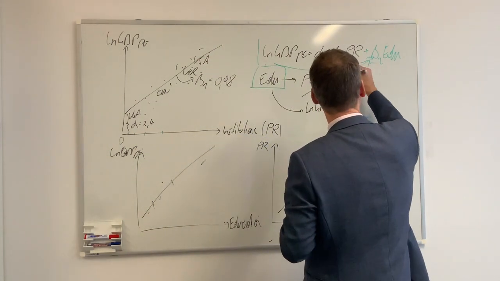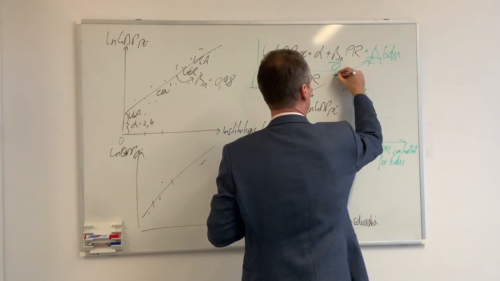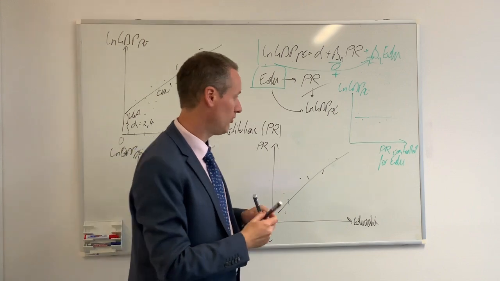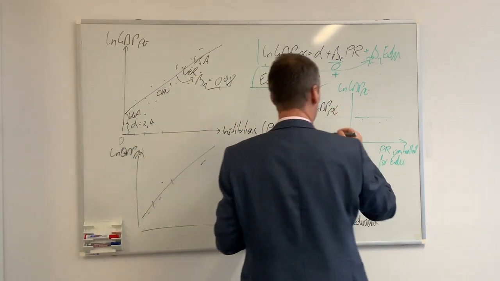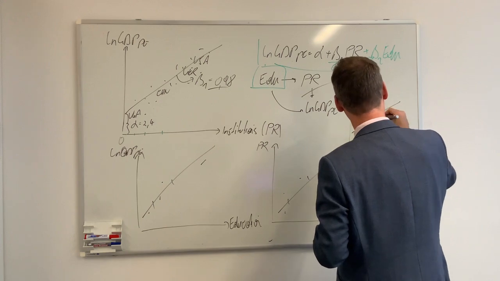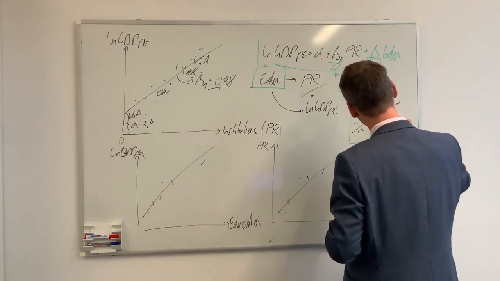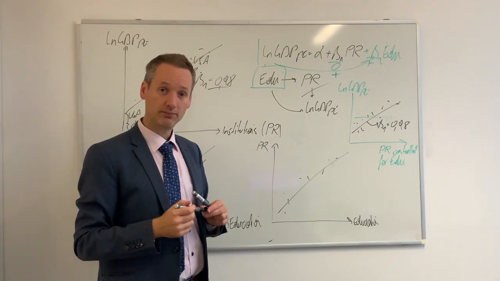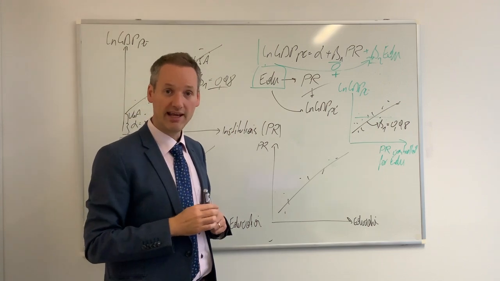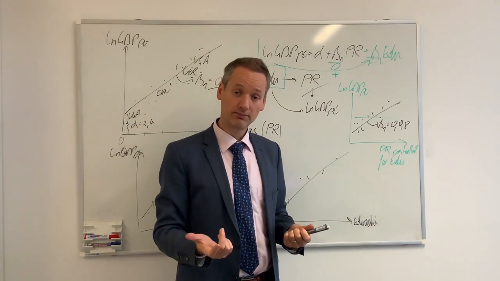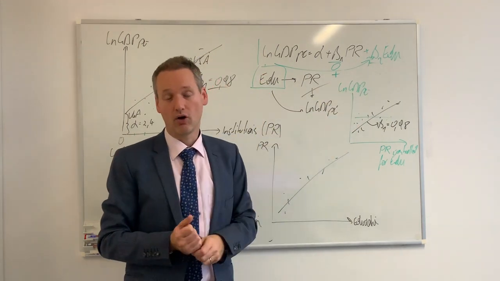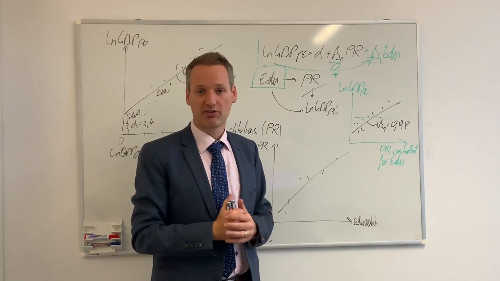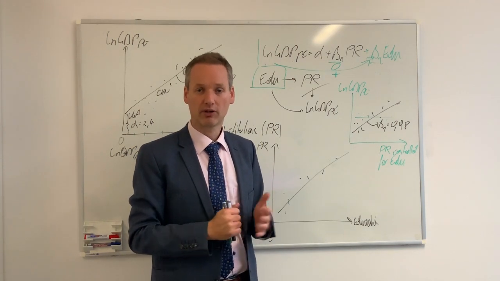If property rights continues to be positive, put a plus here, and of the same size of the coefficient as before, so if it's still coefficient size, it looks like that, and beta 1 remains roughly the same size as before, 0.98, well then I know that independent of the level of education in the country, property rights are still positively correlated with GDP per capita.